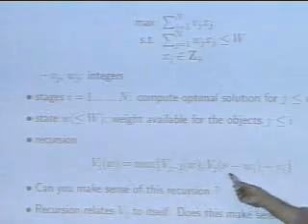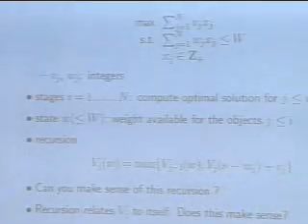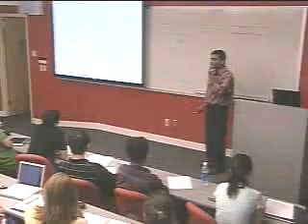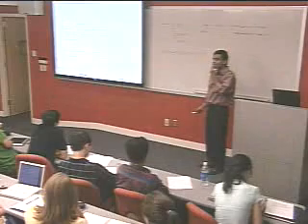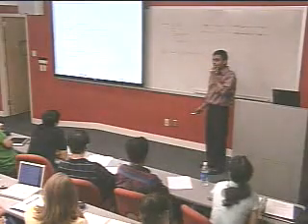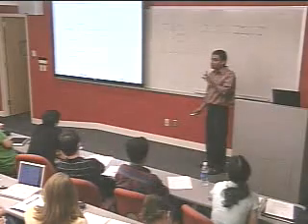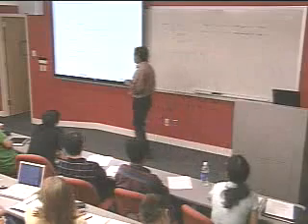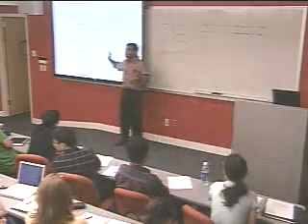What is this saying? You're putting that object and then moving to the lower weight. But what does it mean? Why am I doing that? Choosing the jth object and then doing optimization for a weight less than the weight of the jth object. No, I don't want to do optimization here. V is the optimal, right, but this should be a table lookup.